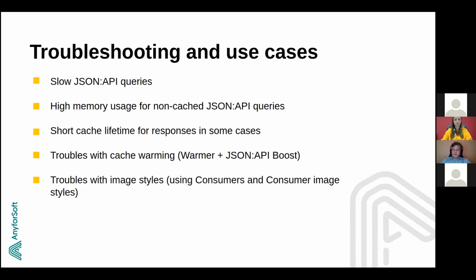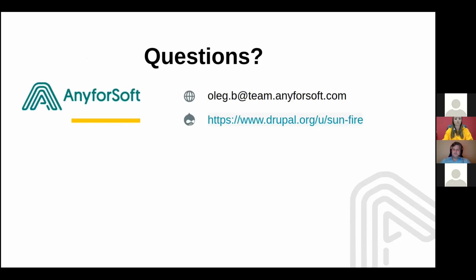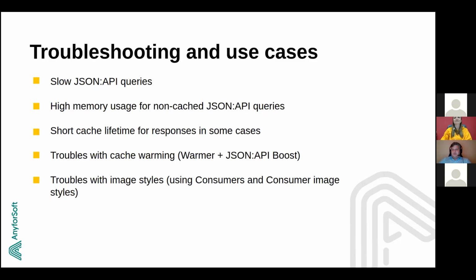In this case, we should provide our own solutions for warming. It requires custom coding. And as I told, there are troubles with image styles, because the consumers and consumer image styles module provides additional styles which are not necessary by default. So in this case, we should be really careful with building the stable decoupled website.